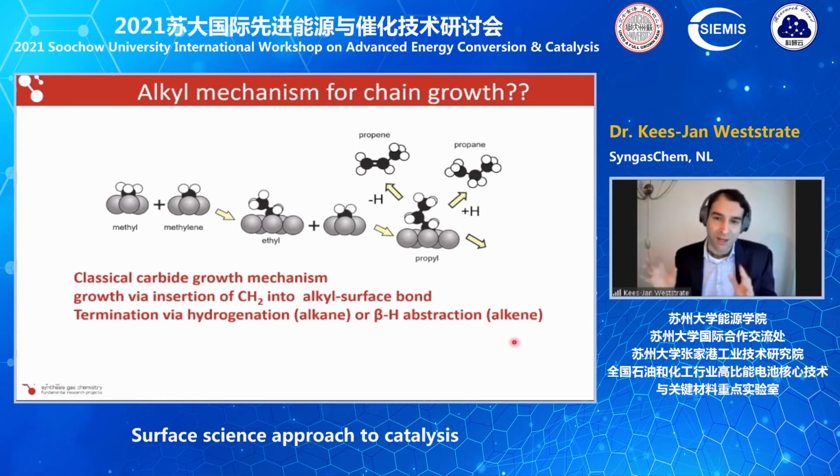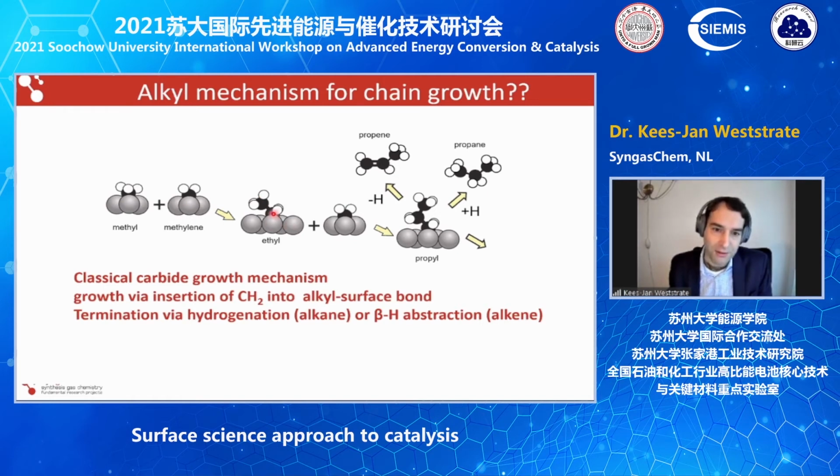So people in the past have thought about how a chain grows on the surface. What happens? In the past, they said, okay, we think we have a carbon atom. CO dissociates, we have a carbon atom. It reacts with hydrogens, and we have methyl species, CH3 species on the surface. Then we can also have CH2 species on the surface, and they can couple together to make an ethyl species on the surface.